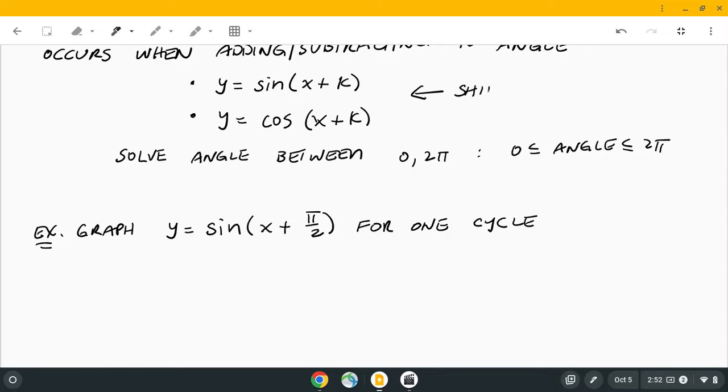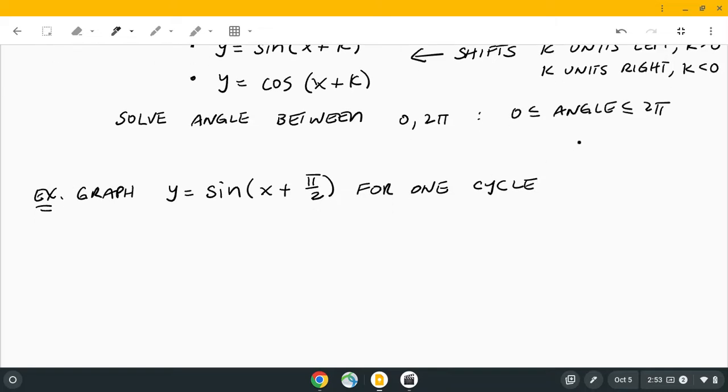It shifts k units to the left if k is positive, and k units right if k is negative.